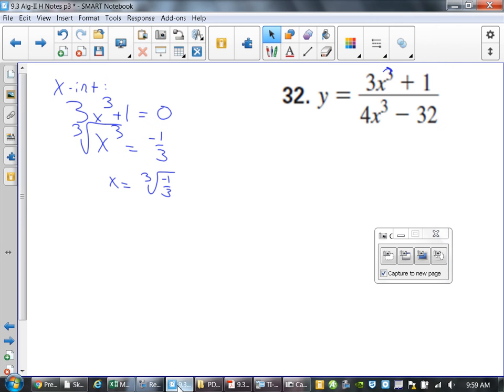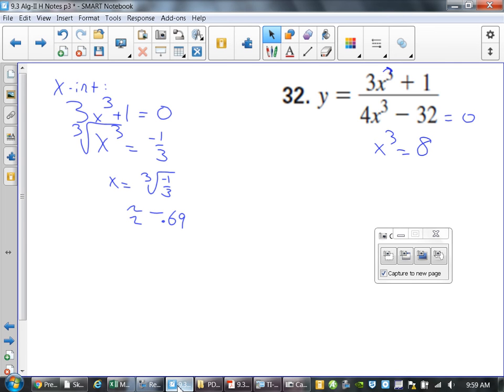So you know your x-intercept is roughly negative 0.69. So it's roughly around there. Denominator, this is where you've got to worry about your vertical asymptotes. Same idea, you set this equal to 0, so you wind up with 4x cubed equals 32.